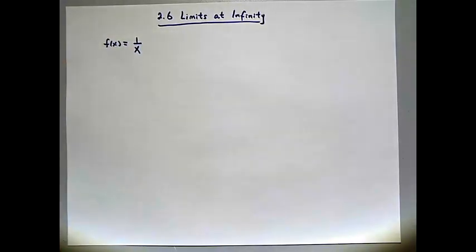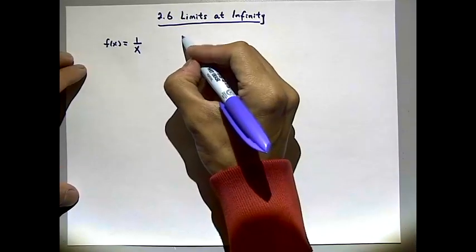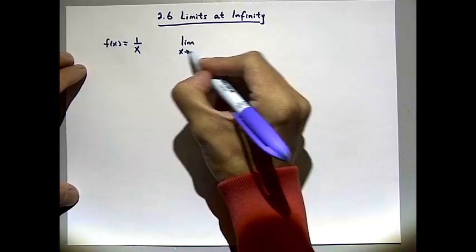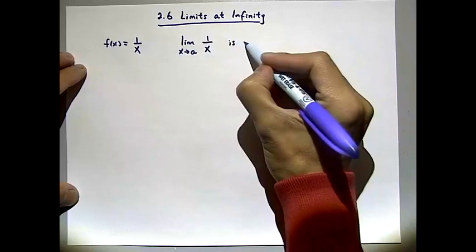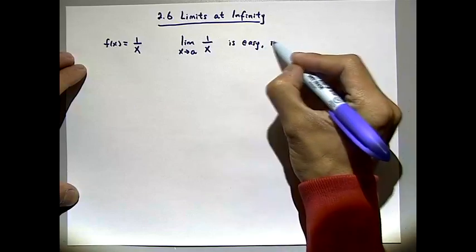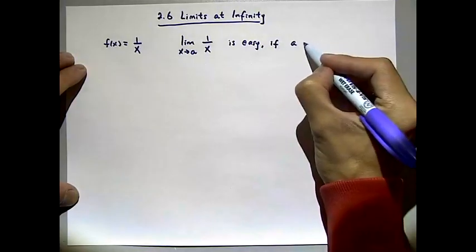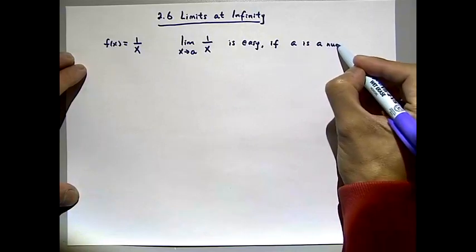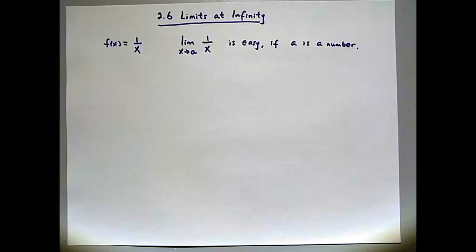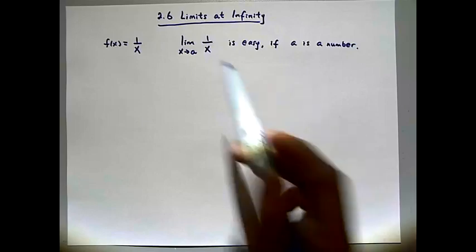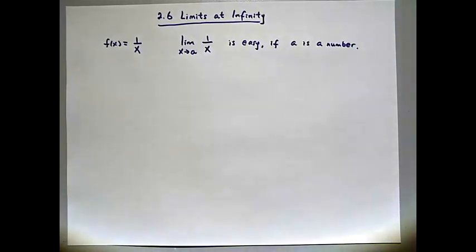If you're looking for the limit as x approaches some a, whatever a is equal to, we know what to do. If a is just a regular number, 3, 4, 10, even 0, we know how to handle this kind of thing. Now we're going to look at what happens if we push this number to a very, very big number, to infinity, or a very, very big negative number, to negative infinity.